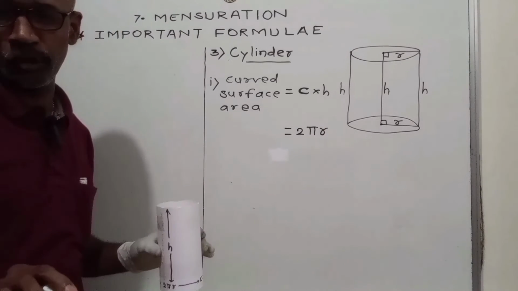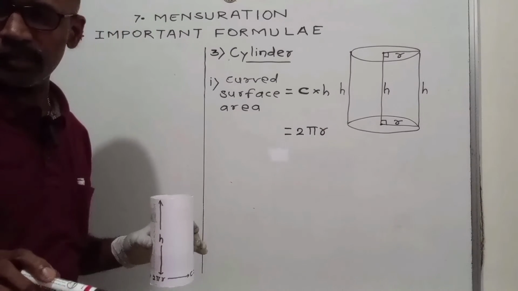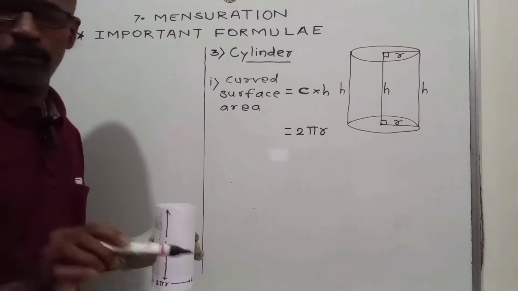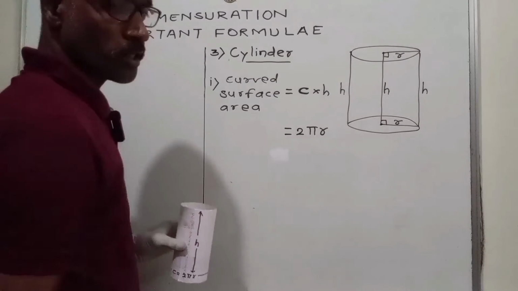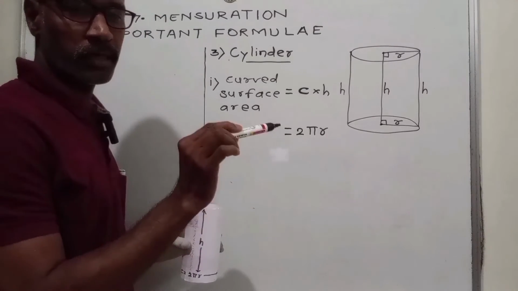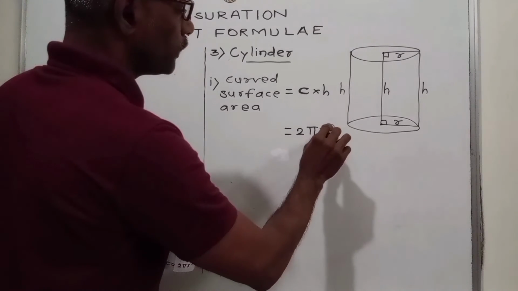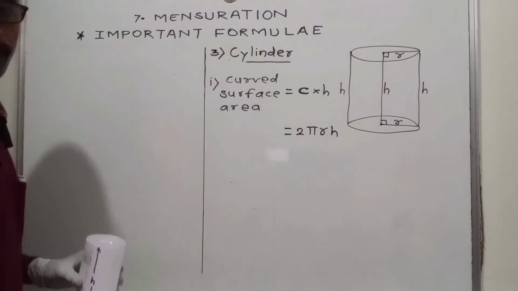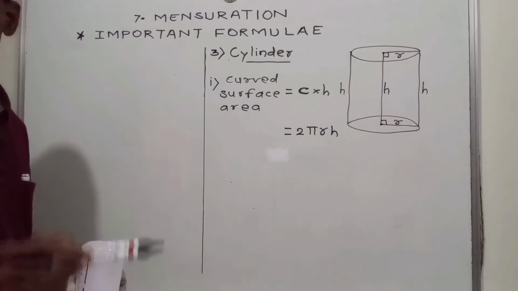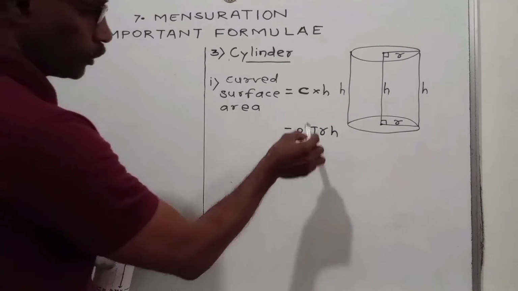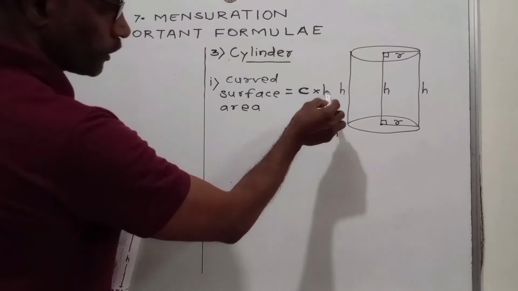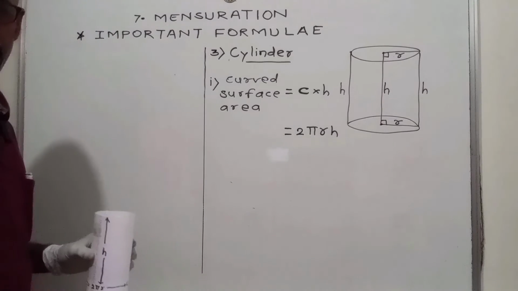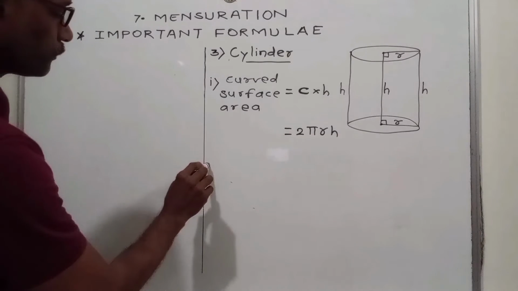Circumference of circle is 2 pi r and height h. So curved surface area of right circular cylinder, or only cylinder, is equal to circumference into height, therefore 2 pi r h.